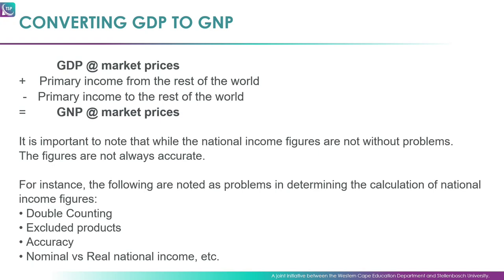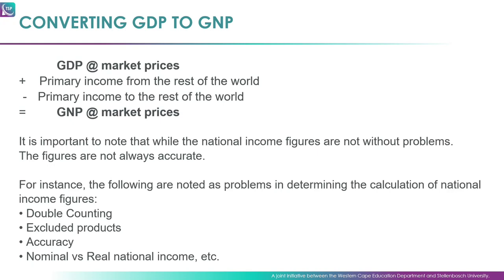If you remember from our list of terminology, we said the GDP is about what happens inside the country. GNP is only the citizens or residents of the country. So to convert GDP to GNP, we take our GDP at market price and we add primary income from the rest of the world.